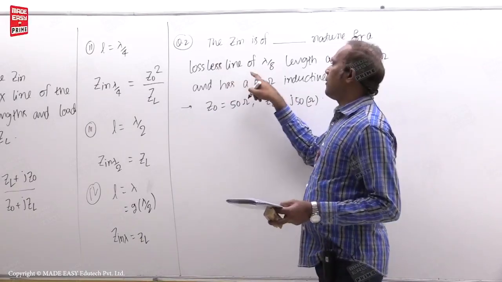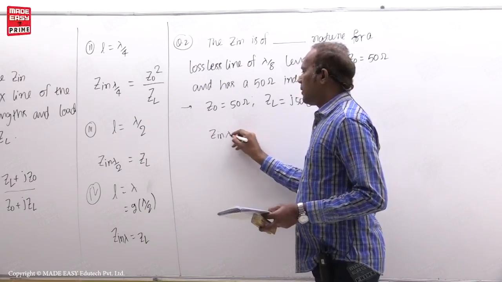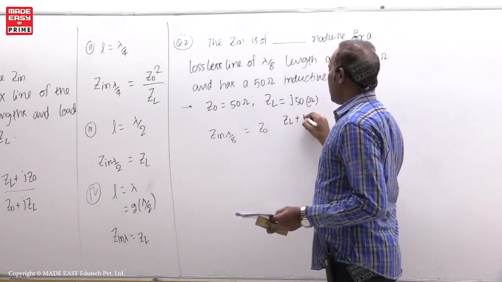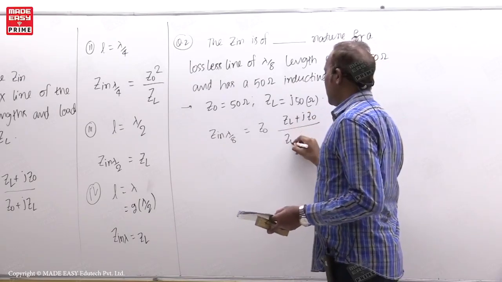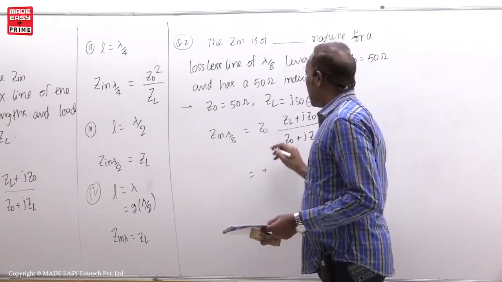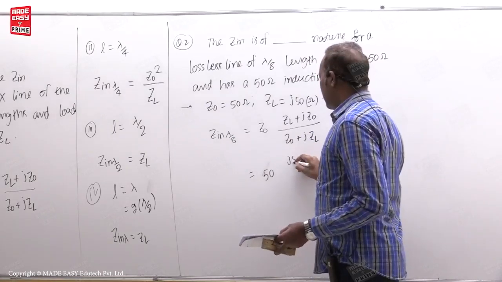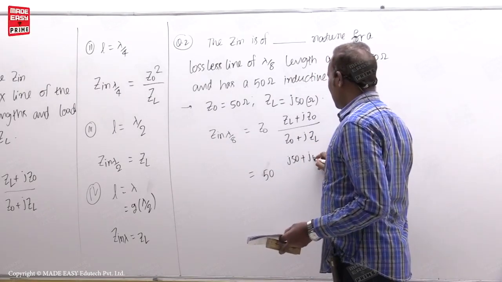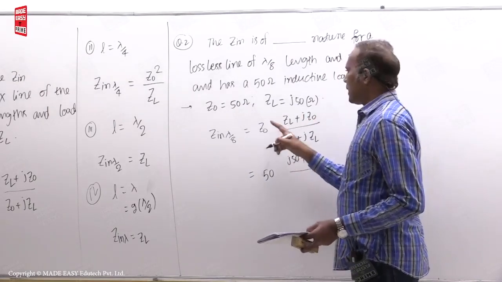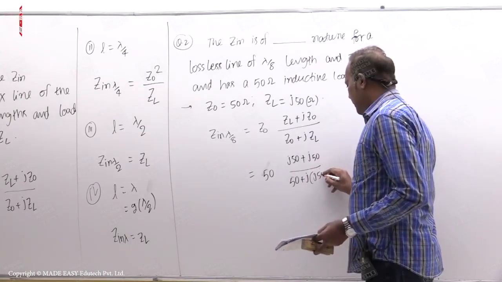Now, what is the nature of the lossless lambda by 8 transmission line? You know that Zin of lambda by 8 is equal to Z0 times ZL plus jZ0 divided by Z0 plus jZL. Now, Z0 is 50 and ZL is j50.